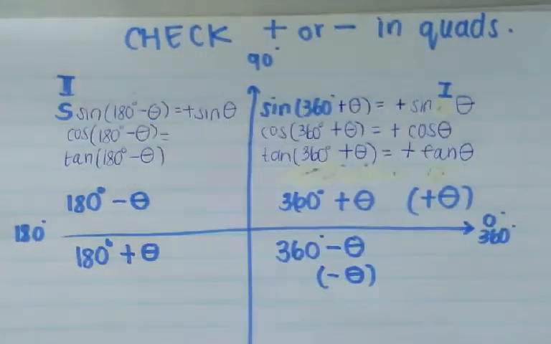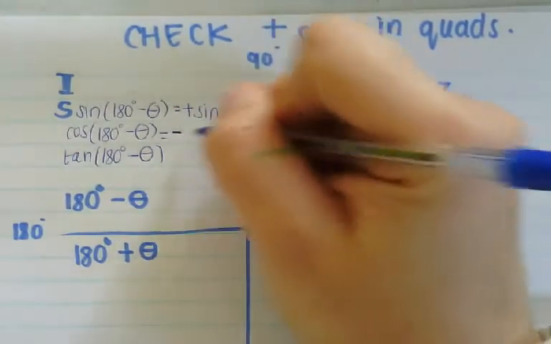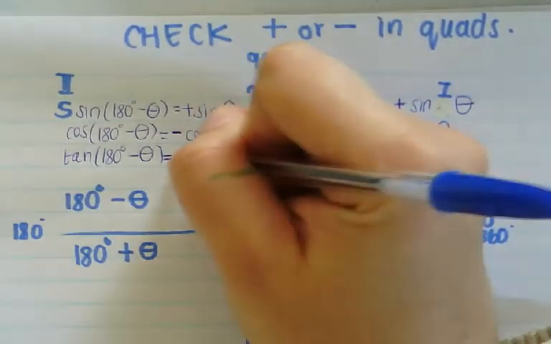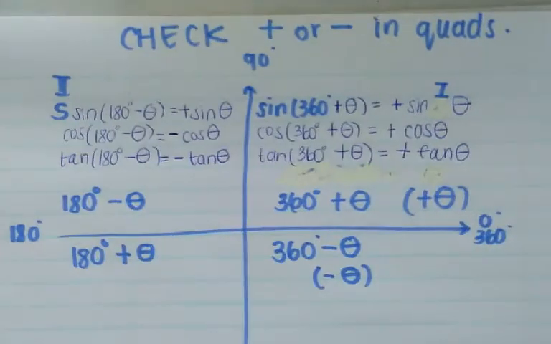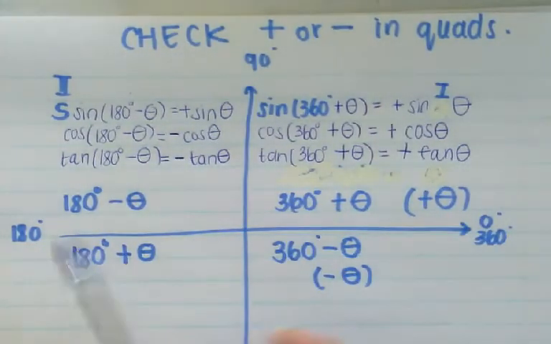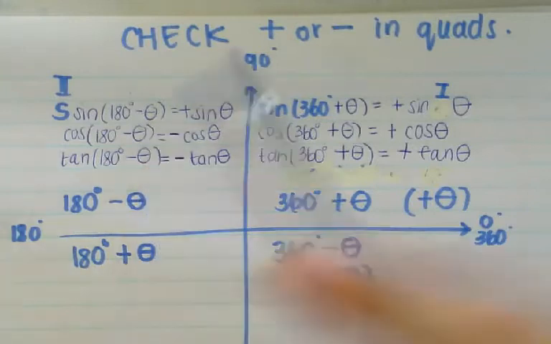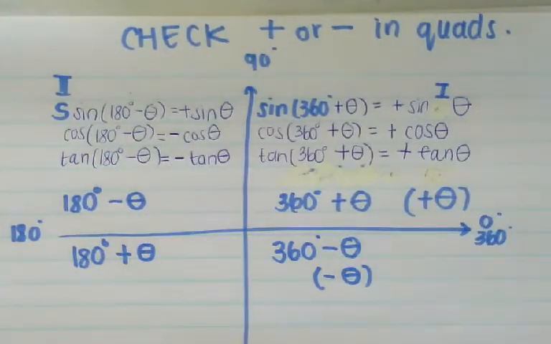Cos, positive or negative? And tan? So even though it might be a weird angle between 90 and 180, I can reduce it to a smaller acute angle, and then it will be positive for sine or negative for cos and tan.